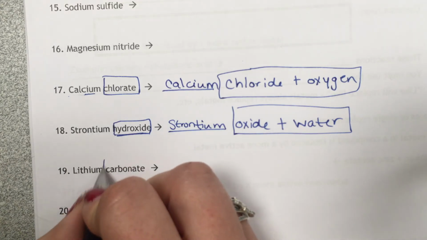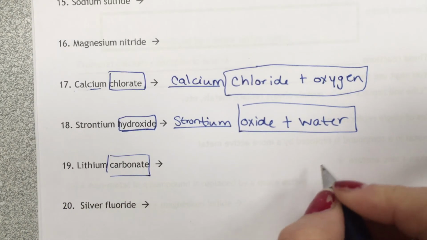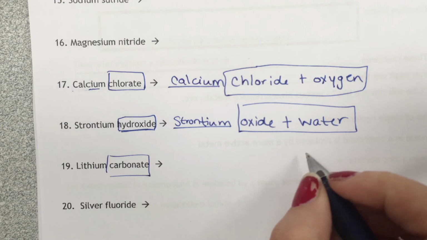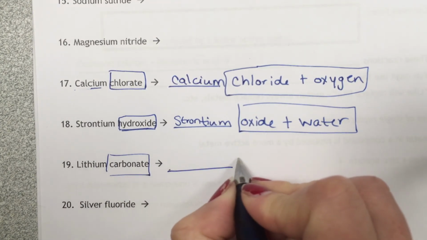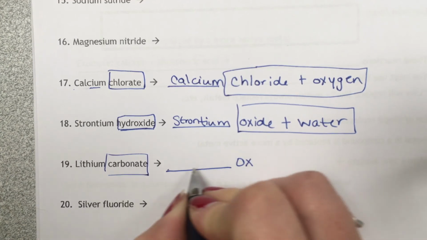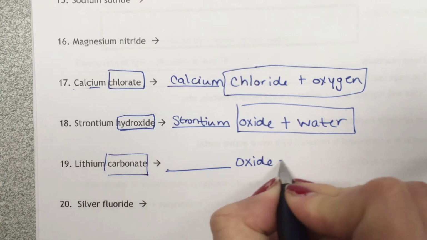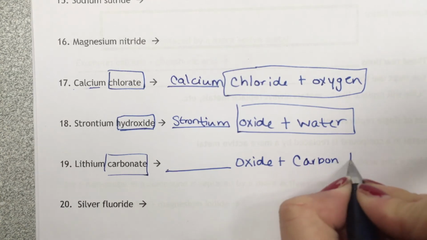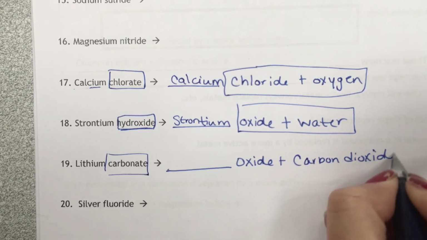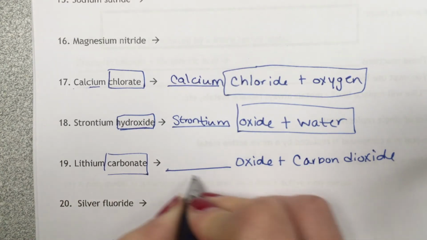And then carbonate is our last special decomposition. So anytime you see carbonate, you're going to have its metal plus, actually not plus, but the metal oxide plus carbon dioxide. Okay, so the metal in this case is lithium.